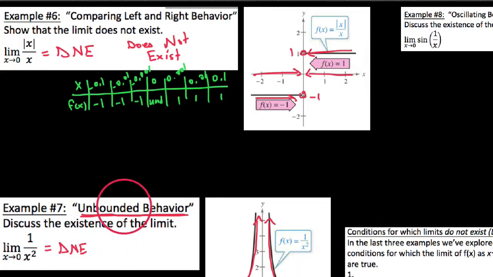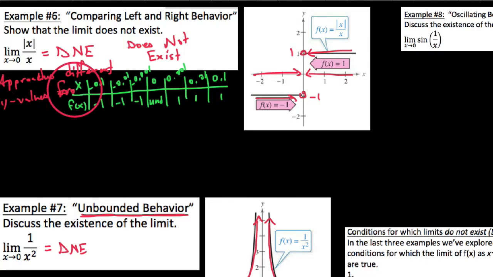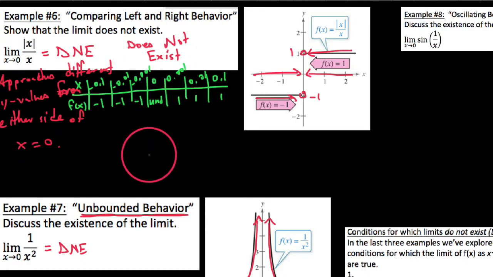And the reason why we would give this, I suppose up here we would say approaches different y values from either side of x equals 0. In this case, it was approached two different y values.